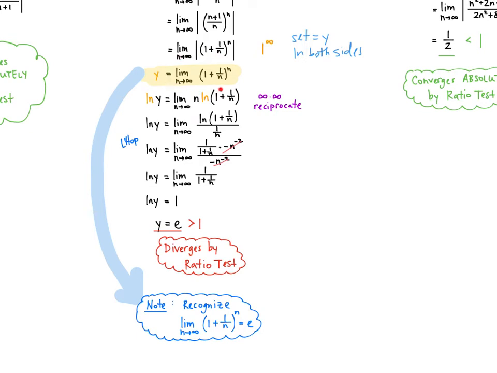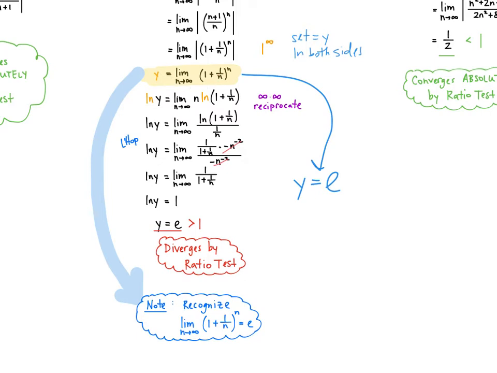So if we see this at any point, we can make a conclusion right away at this stage that y equals e. Okay, and we'd be done. So we're skipping all of this.